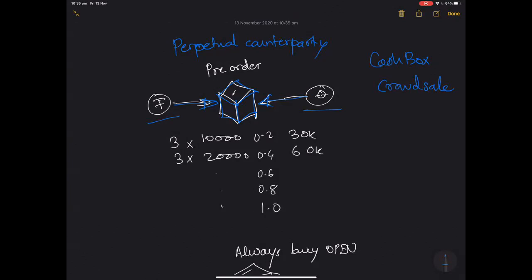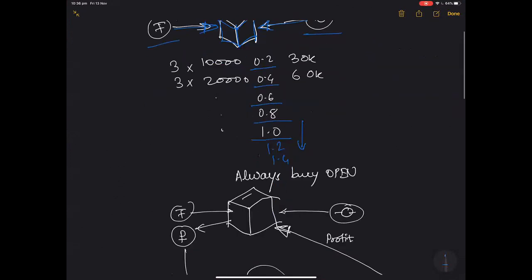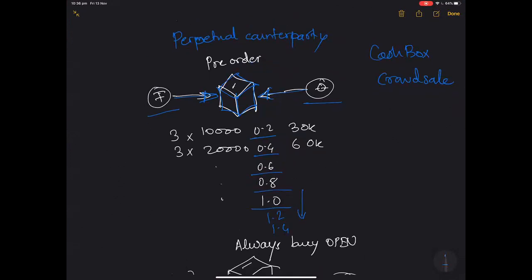So we have set up a few different CashBoxes which start from 0.2, 0.4, 0.6, 0.8, and 1. As the market progresses upwards, we will have 1.2, 1.4, etc. Now, how this is going to work is, we are supporting 3 stable coins at present, which means that there are 3 of each.